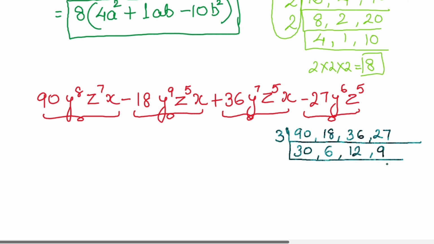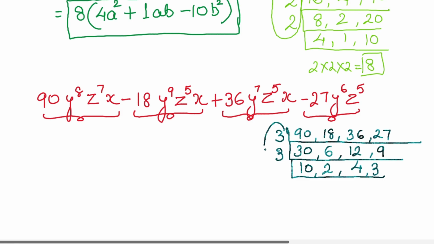Now, out of these 4 numbers, all the 4 are again divisible by a 3. So, 30 divided by 3 is a 10. 6 divided by 3 is a 2. 12 divided by 3 is a 4. And 9 divided by 3 is a 3. So, now there's no common factor which divides all these 4 numbers.